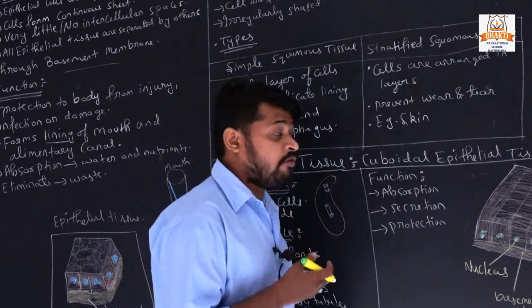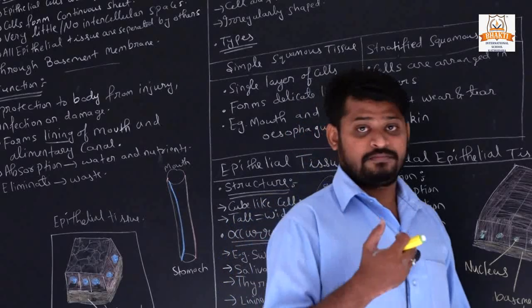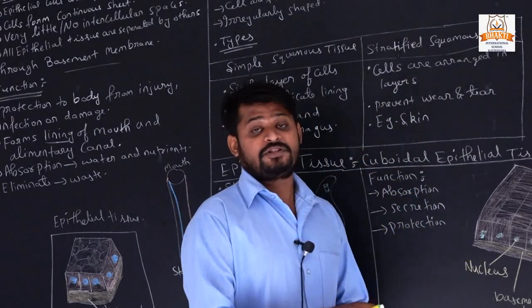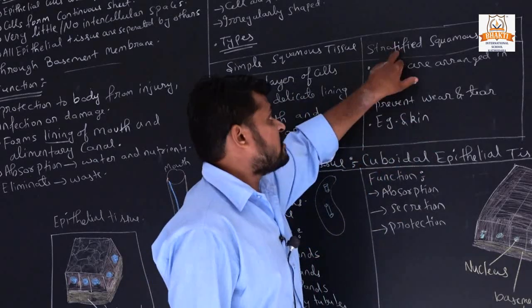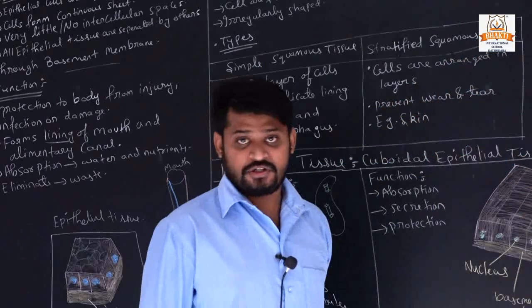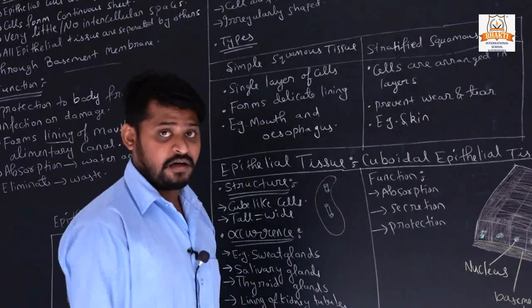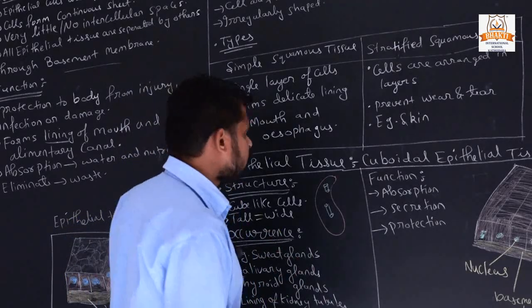So if anyone asks from which tissue skin is made, you will say stratified squamous tissue is present, and that makes the skin. These tissues are present in the skin.